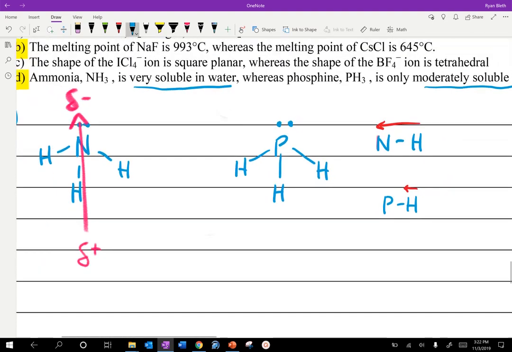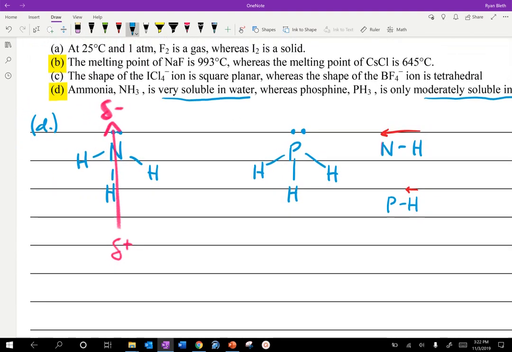And so what we're going to get to is essentially that PH3 is a non-polar molecule compared to NH3 for sure. So overall, this is definitely a polar molecule. This is definitely far less polar, or we're going to go as far as saying simply a non-polar molecule. At least, like I say, far less polar than NH3.